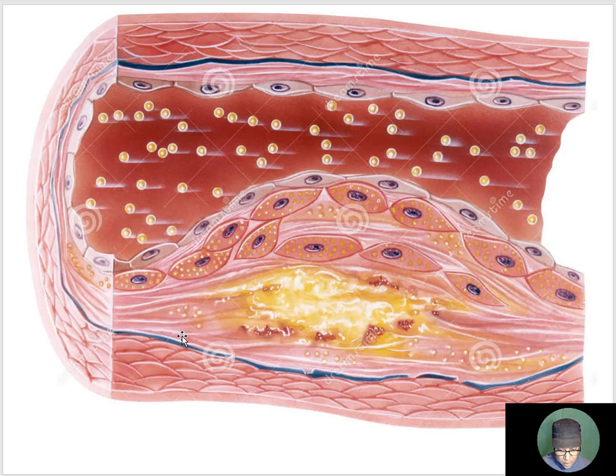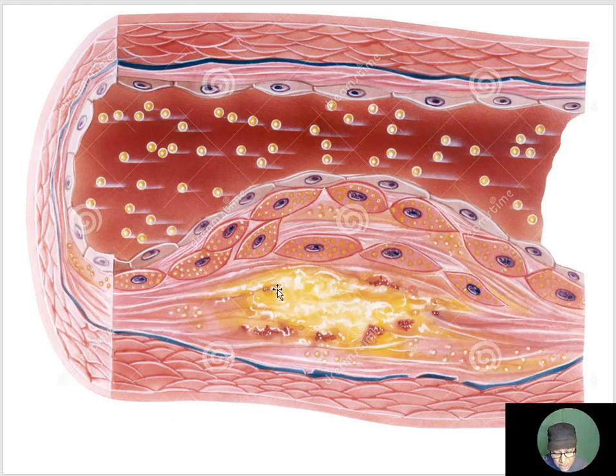And so what happens, just to kind of clarify, is as we take a look at the vasculature with these cholesterol plaques, what you would think is that the cholesterol itself is in the vessel itself. It's actually not.